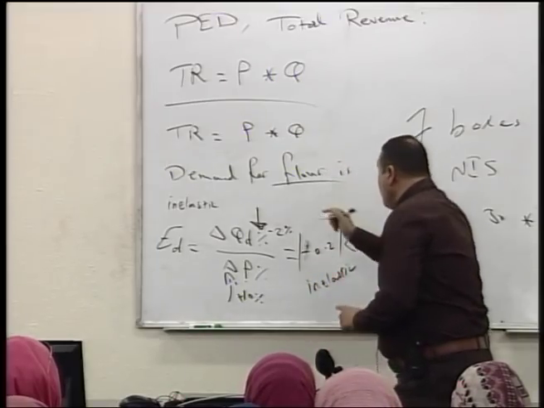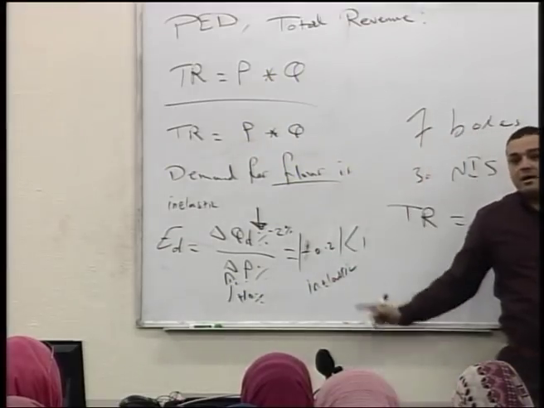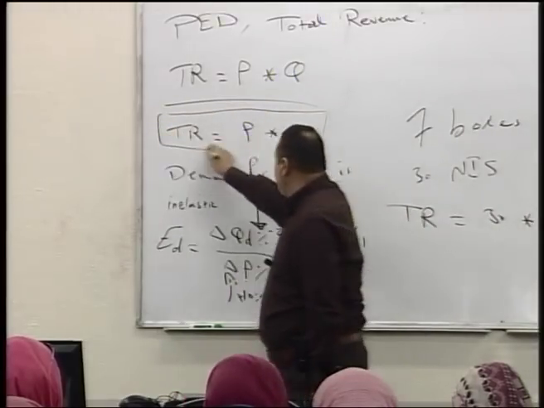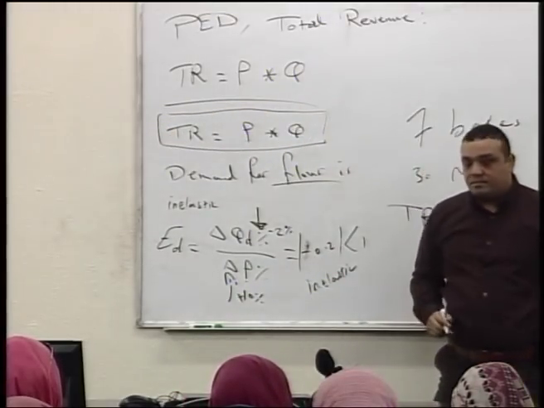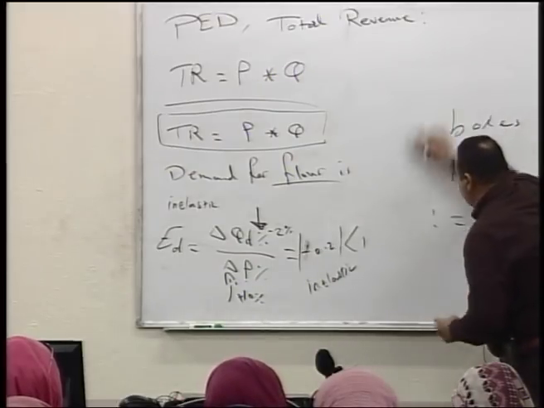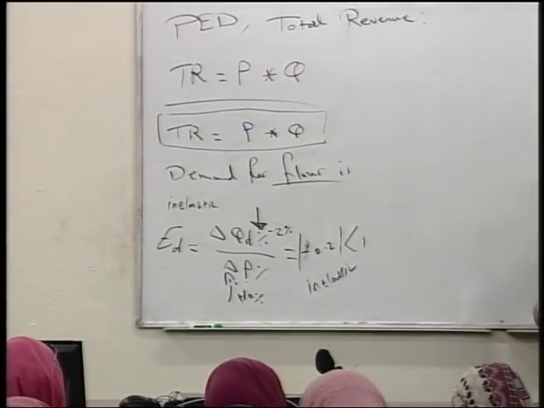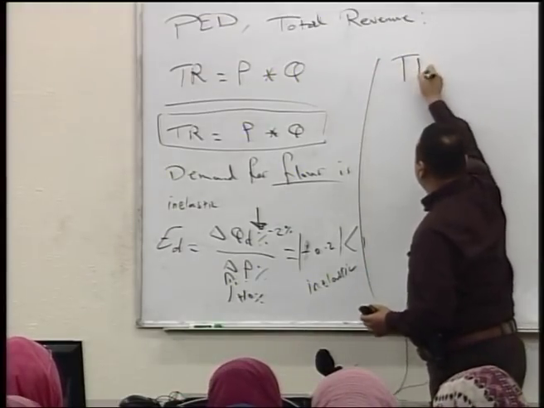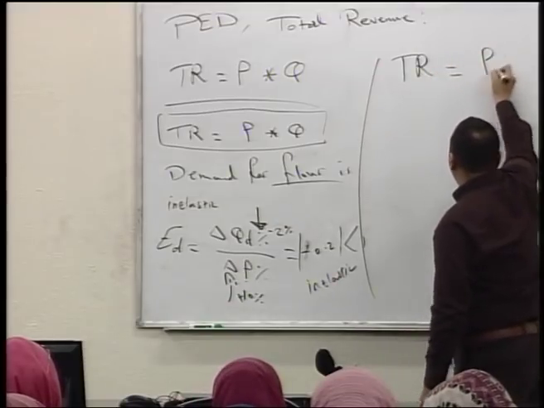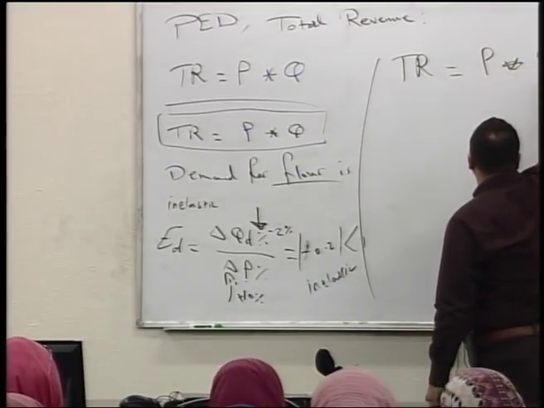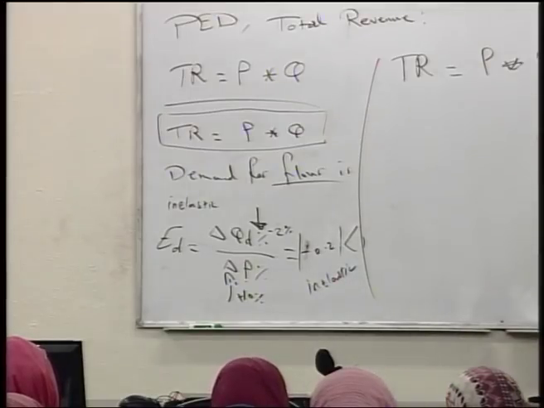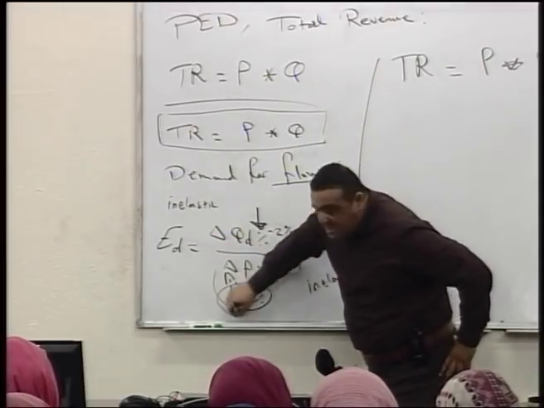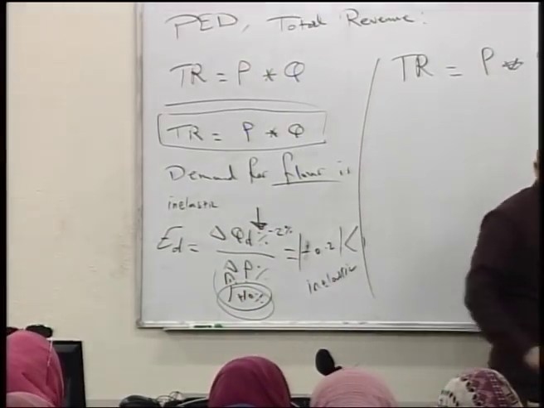Okay? Let's apply these results on this formula. As we mentioned, the total revenue equals the price times the quantity demanded, or quantity sold or purchased. According to our assumption, the price goes up by 10%. Right?